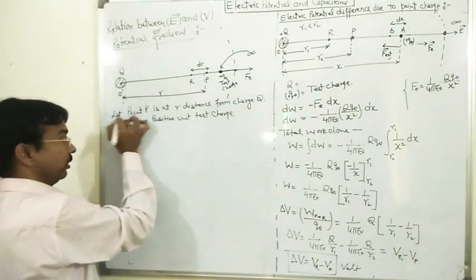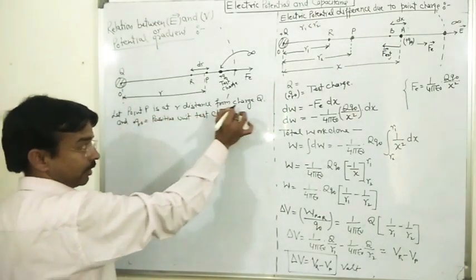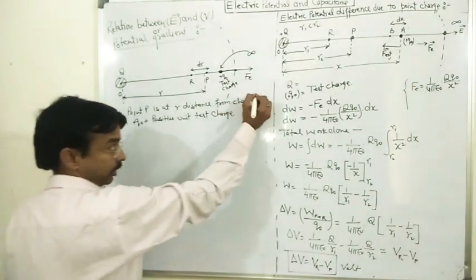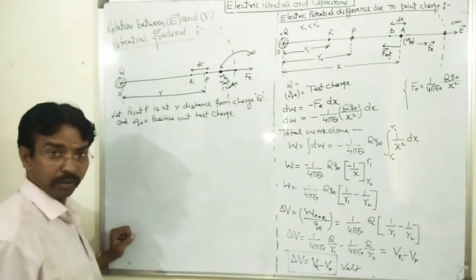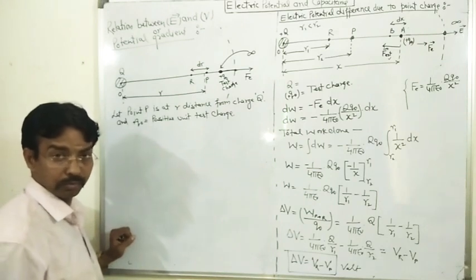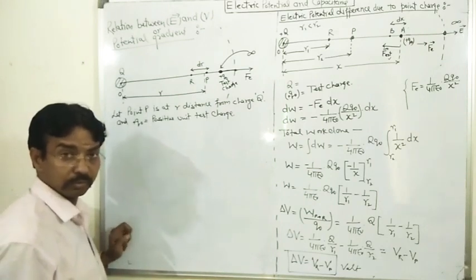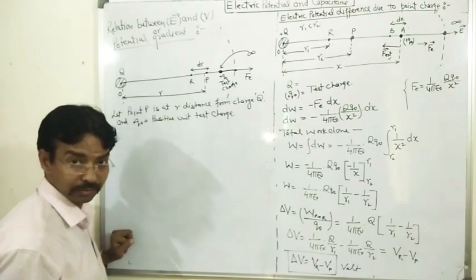Okay, so here point P is at a distance r from the charge capital Q. Then what will be the work done by the external agent?